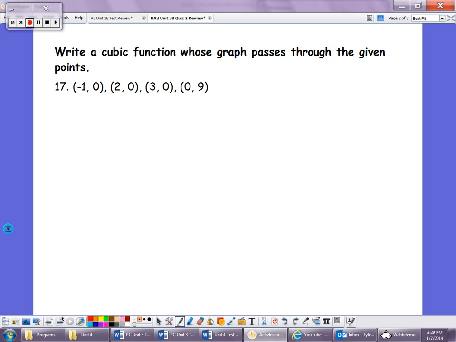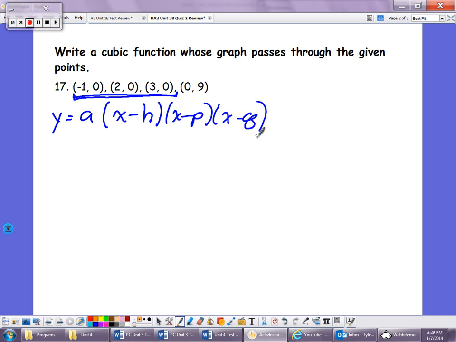Here we're asked to write a cubic function whose graph passes through the given point. So you could do this two ways. First, you'll notice that all of these are zeros, right? So that is an advantage for us because we know in factored form we have a times x minus your zeros: x minus h, x minus p, x minus q, whatever you want to call it.